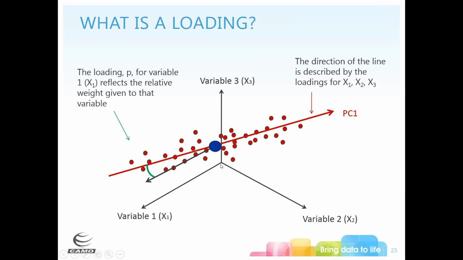So how close to that original vector direction is this new principal component direction going? Your loading is a scaled relationship to the cosine of the angle between the vector of the principal component and the original variable vector.